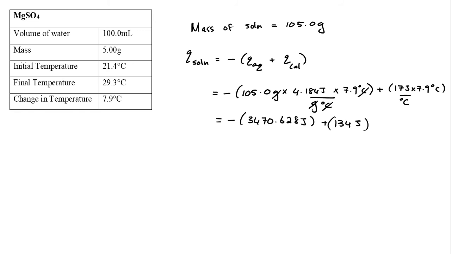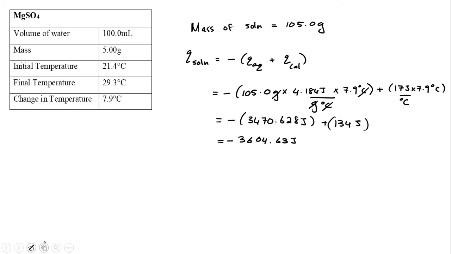Okay, that will be our total Q for solution. So that's going to be 3,604.628. So let's go with 3,604.63 joules. Okay, so that's Q of solution. That's total Q of solution.